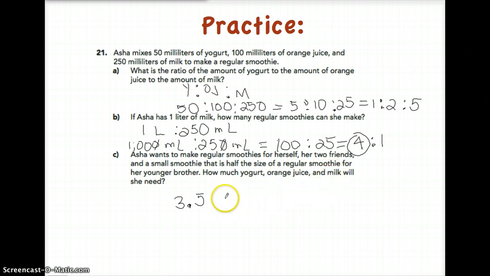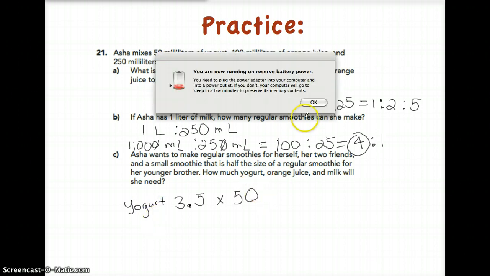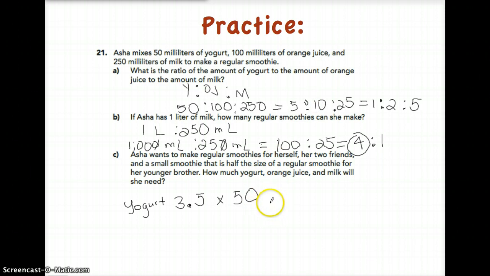Let's see. She'll need, can just multiply. How much yogurt will she need? This is yogurt. Okay. Oh, I'm running low on juice. So she'll need, let's see. If we multiply, we get, I need to do this the other way.